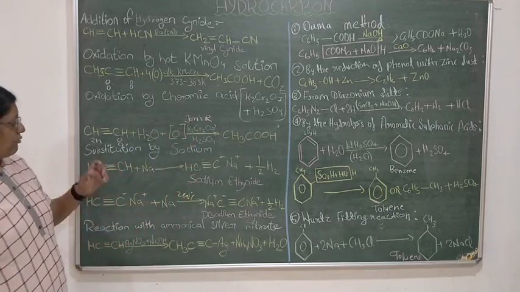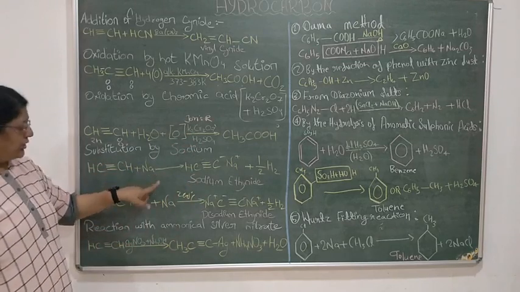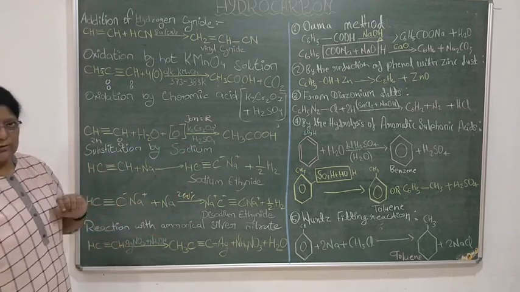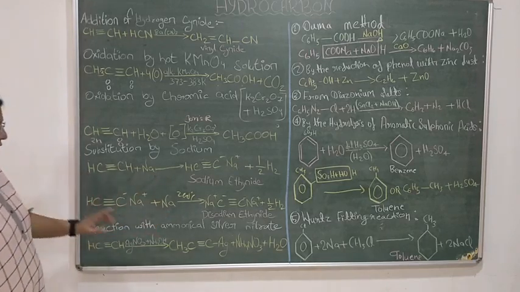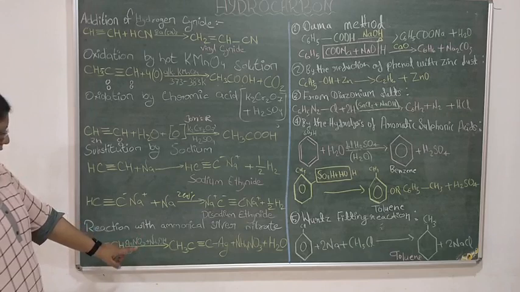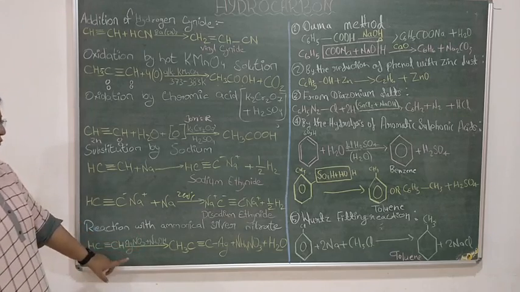In both the reactions what happened? This H is replaced by this sodium, this H is replaced by this sodium. Now we are doing the reaction with AgNO3 and NH4OH. So all these 2H will be removed.